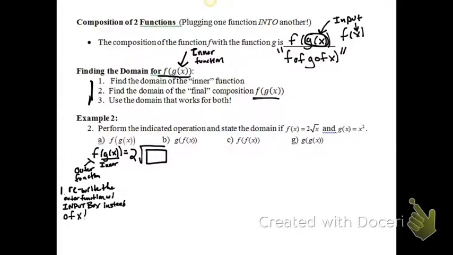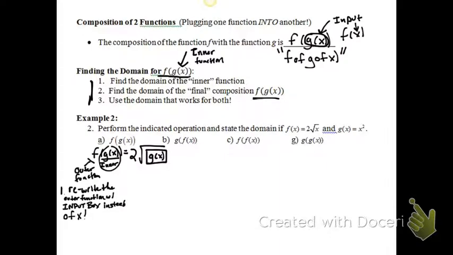That's going to leave us room then to plug in g of x in that function. So remember, this is what we're plugging in over here. We're plugging in g of x. So that's what's going to go in the input box.